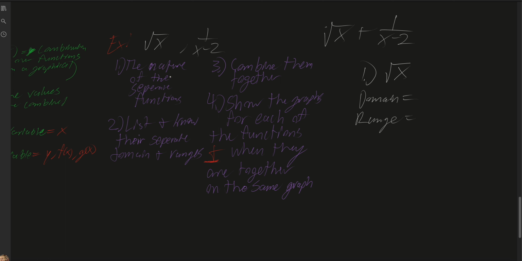So once we have done the first part, we would move over to our second part. We would put them out separately and dissect them, and we would know the domain and ranges.